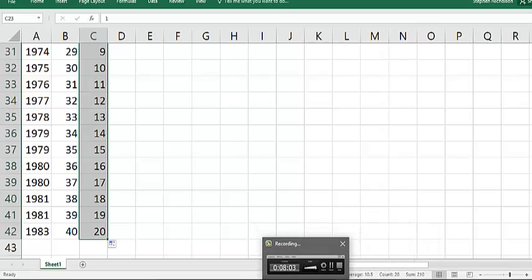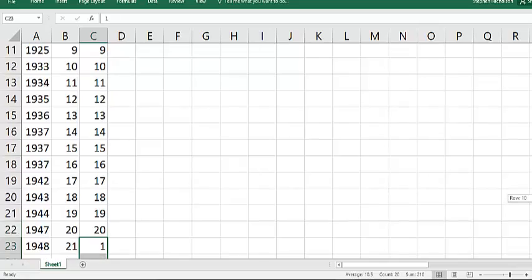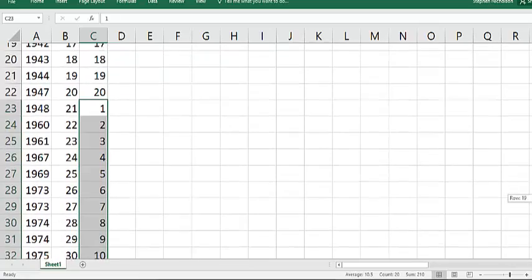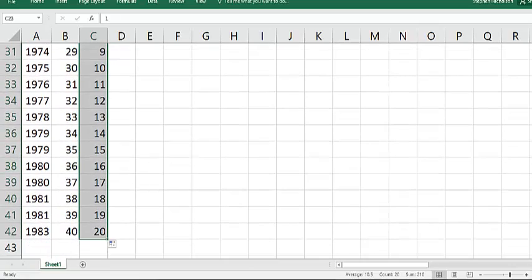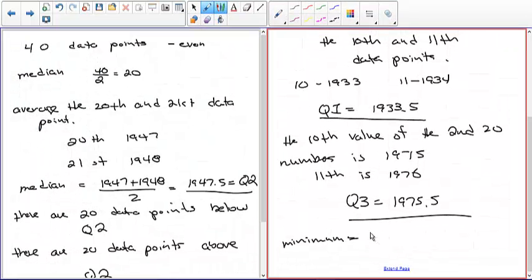So the minimum was 1860 and the maximum was 1983. Okay, so now we've got everything we need for a box plot.